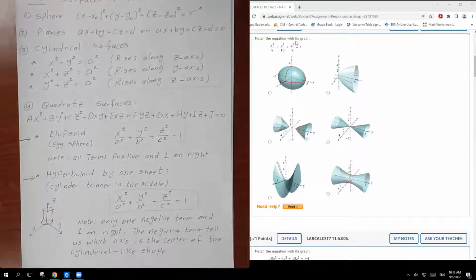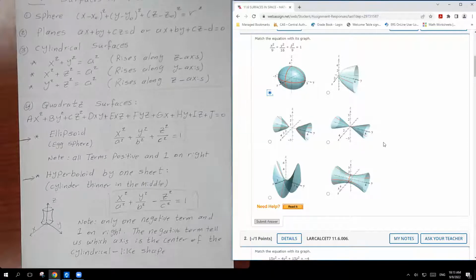That means this one is exactly like x squared over a squared, y squared over b squared, z squared over c squared. It's exactly the same thing. That means a squared is 9, b squared is 16, and c squared is 9. So this one is going to be an ellipsoid, the egg shape. You're just going to choose this one. Check.